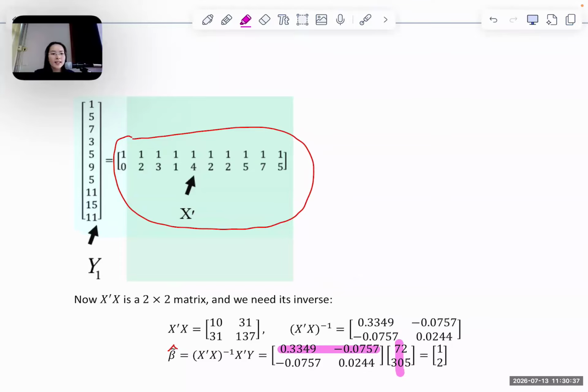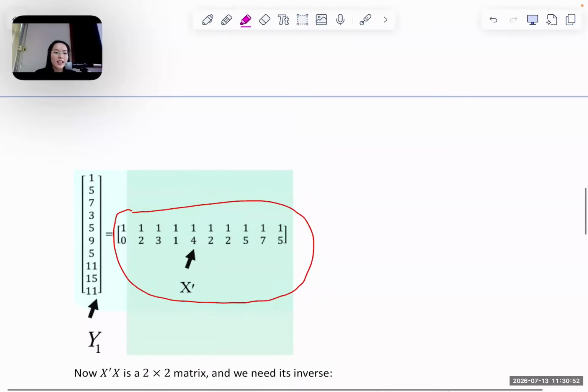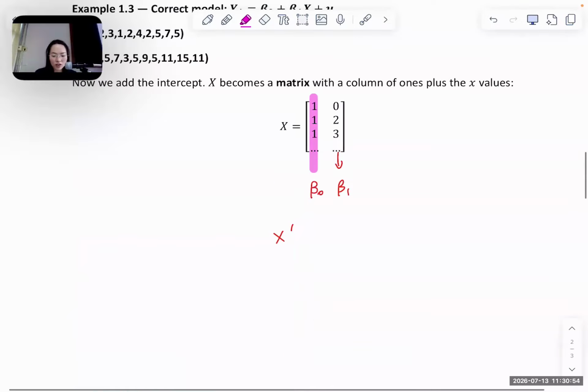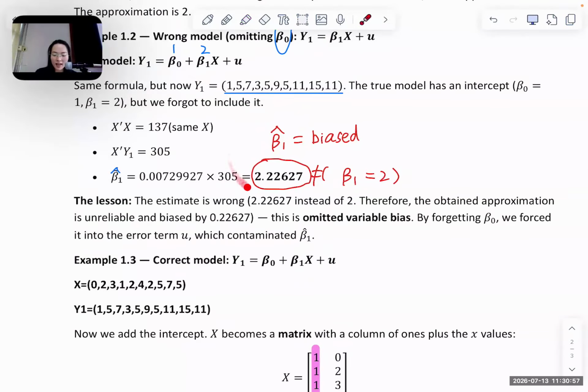So the takeaway for today is that never skip the intercept unless you have a very specific reason to. As we just saw with the real numbers, skipping it doesn't just look messy in theory, it directly biases your slope estimator, okay? Like I showed you here.